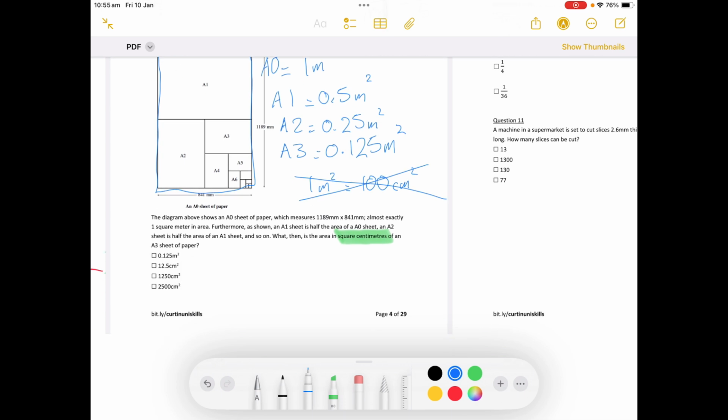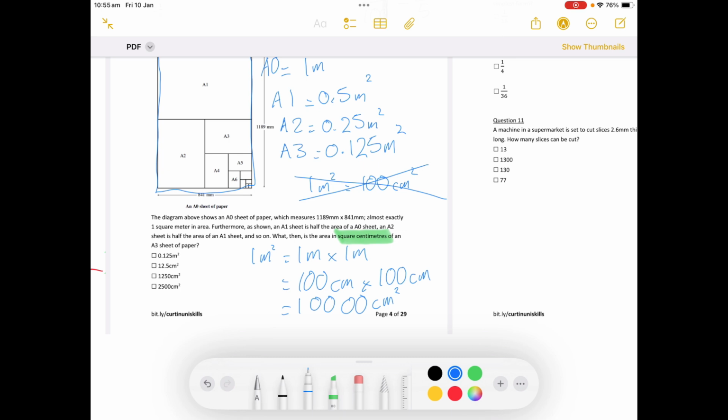So if you think about it, 1 meter squared, that's equal to 1 meter times 1 meter, which is the same as saying 100 centimeters times 100 centimeters. Okay, so 1 meter squared is equal to 10,000 centimeters squared.